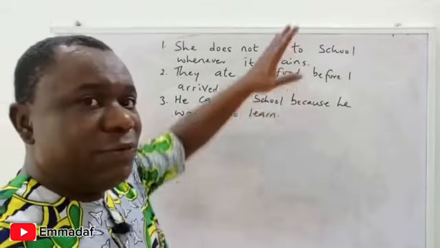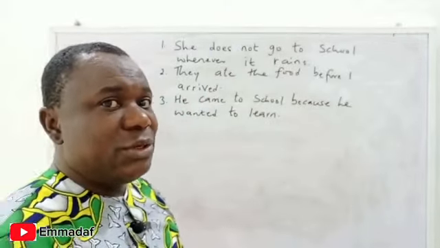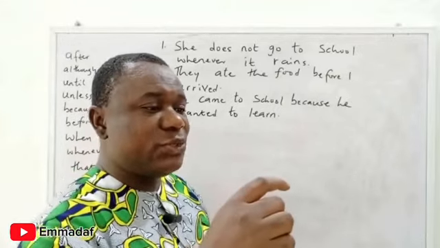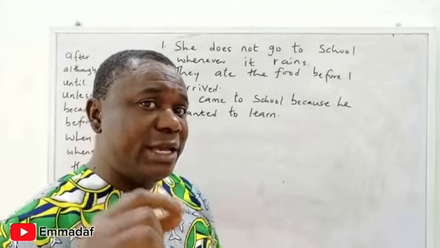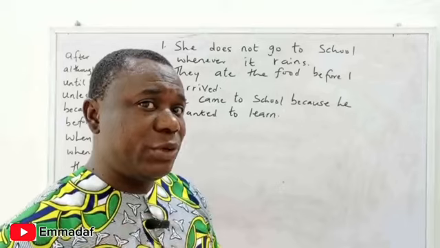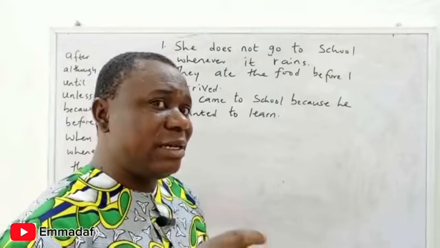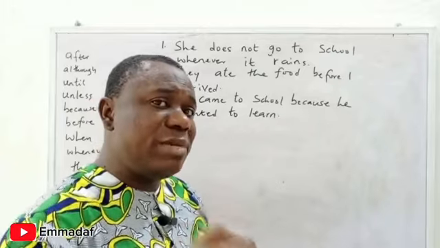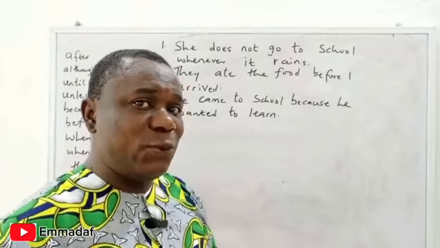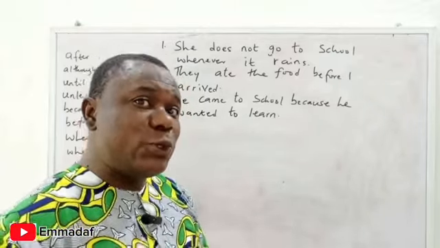Now, if you look at these sentences, you will discover that the subordinate clauses are introduced by what we call subordinate conjunctions. As a matter of fact, this is what makes the group of words that follow subordinate, dependent on the main clause for meaning.